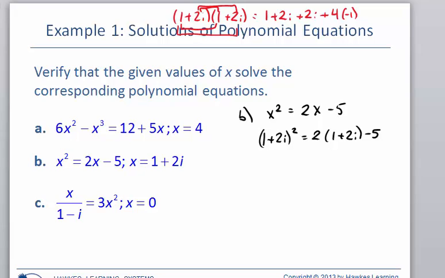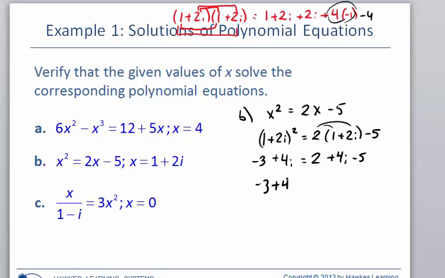So let's see what we have here. This will become a negative 4. And we have a positive 1, which makes a negative 3. And we have a 2i and a 2i, which makes a 4i. Coming to the right-hand side, we'll distribute our 2, which is going to give me 2 plus 4i minus 5.